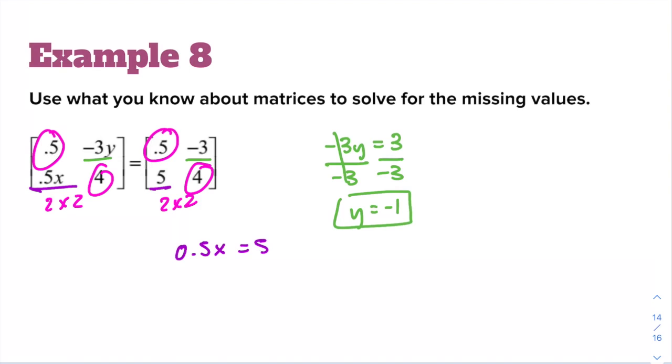And if I divide both sides by 1/2, I get that x equals 10. It's like multiplying by the reciprocal when you divide by a decimal. So x would equal 10. So that would be one way that I could test whether you understand how matrices operate with each other, that the corresponding elements would be equal if the matrices are equal.